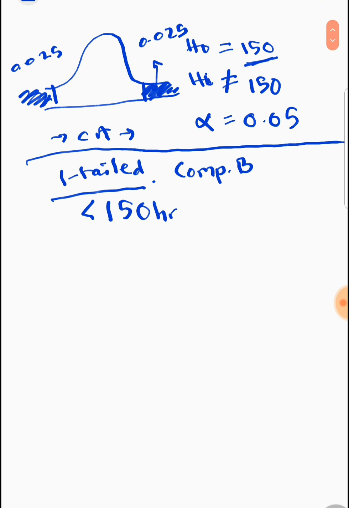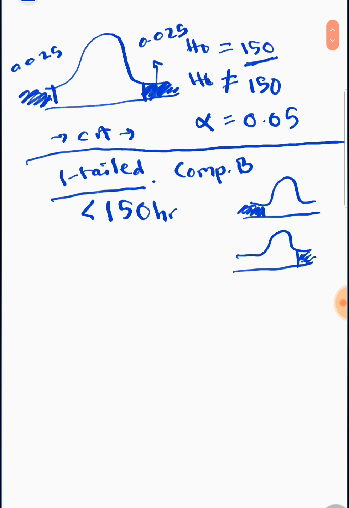Remember earlier when I mentioned that a one-tail test goes by either the left-hand side or the right-hand side, so it's only one tail. It's pretty much self-explanatory.